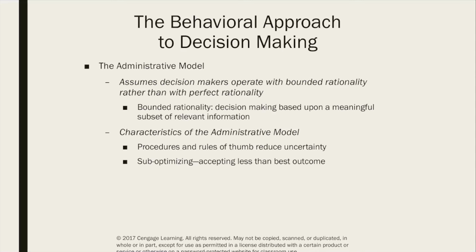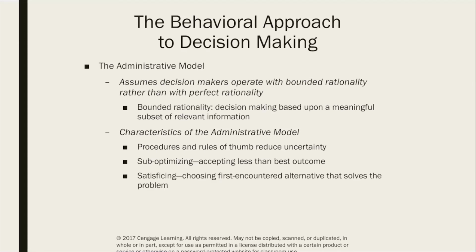So sub-optimizing may be the middle of the road approach. You choose just a few that are similar to the one that you are producing right now, and you just run with that.